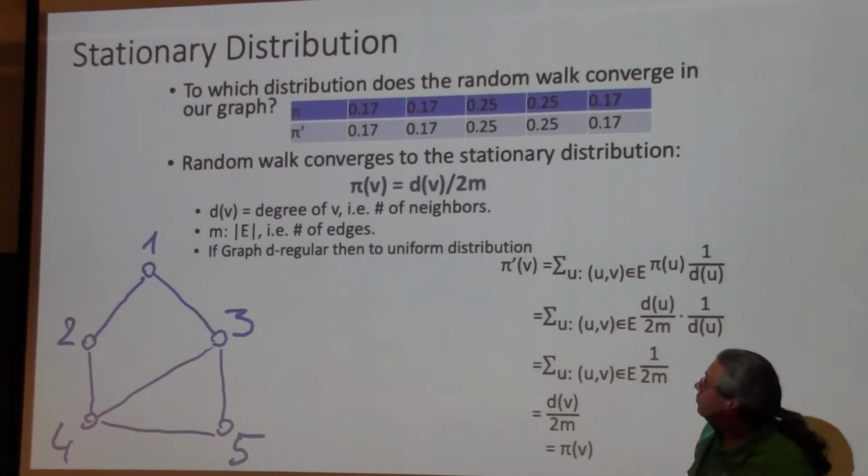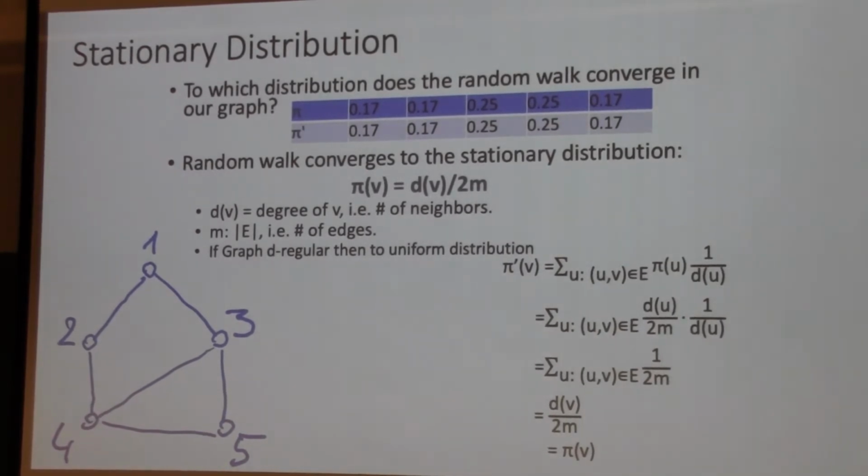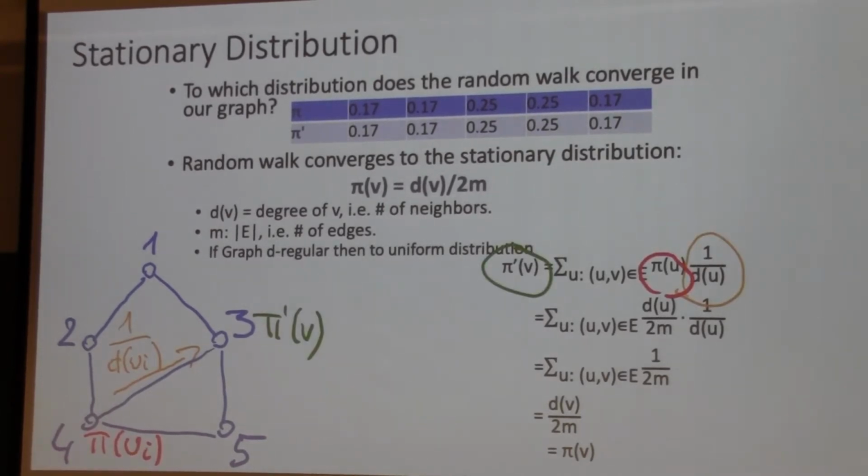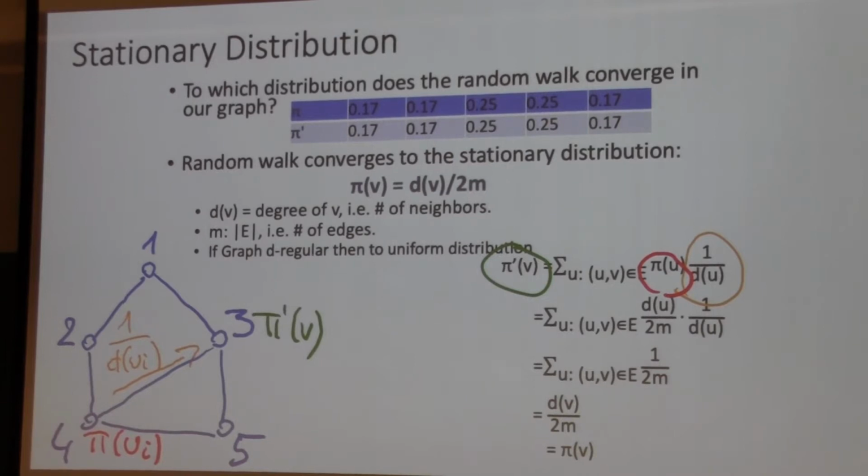So it's an actual fixed point, a stationary distribution. That's interesting to know about random walks. So now we know something about random walks.